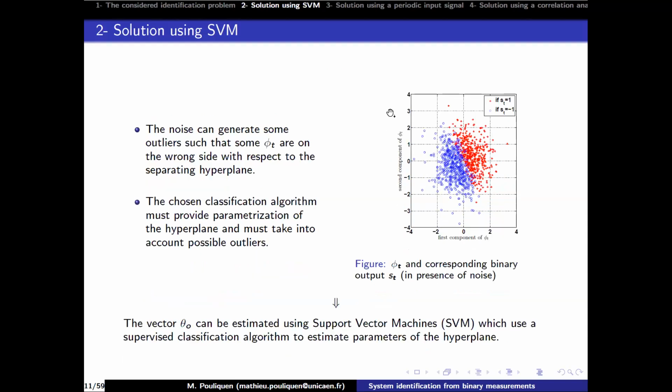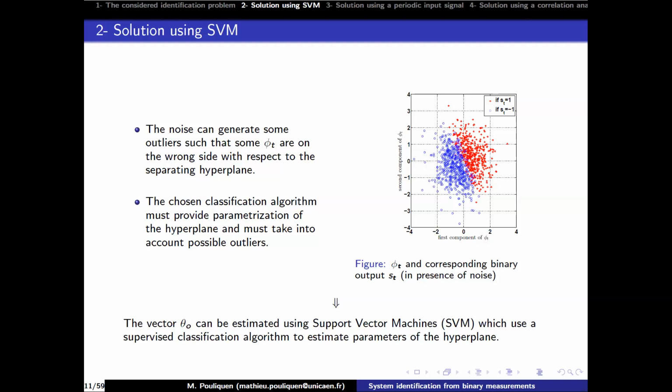It is possible that there is some noise on the data. Then it's possible that some regression vectors are on the wrong side of the boundary. So if we have to choose the classification algorithm, first it must provide us the boundaries, the parameterization of the boundary, and also it must take into account these outliers.